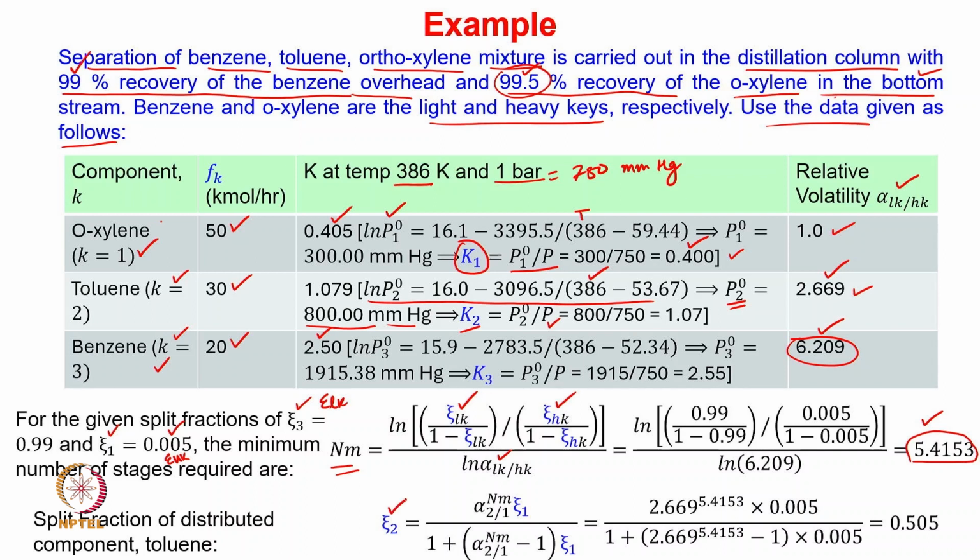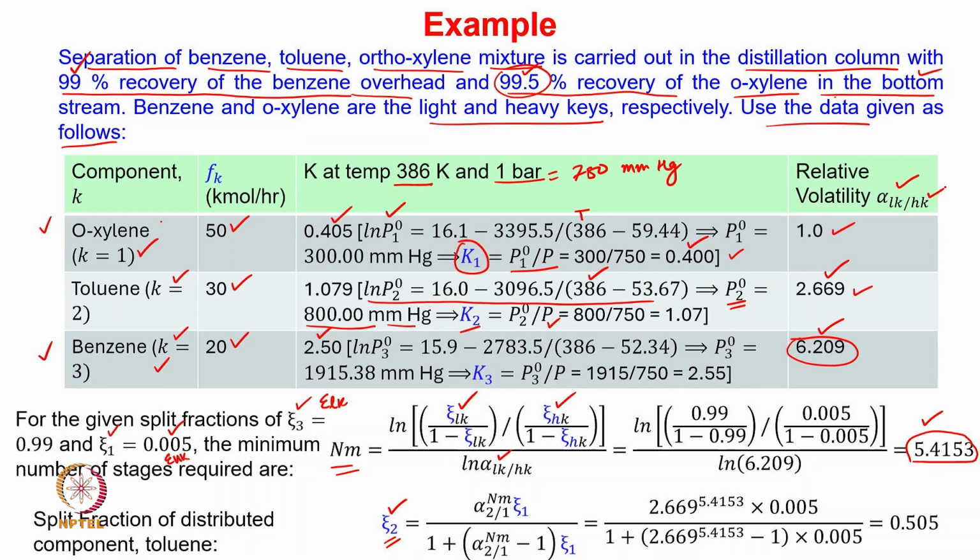Remember, this is the light key component and this is the heavy key component. Between them, the distributed component present is toluene. In this case, only one component is there, toluene. So we have to calculate the split fraction of toluene. We can obtain it using this equation, where alpha is the relative volatility of toluene with respect to the heavy key component, which is orthoxylene.